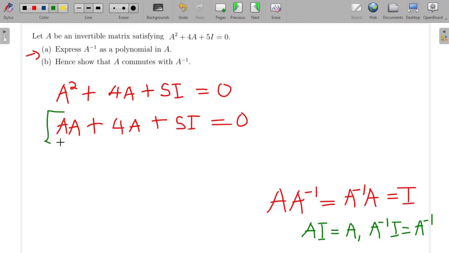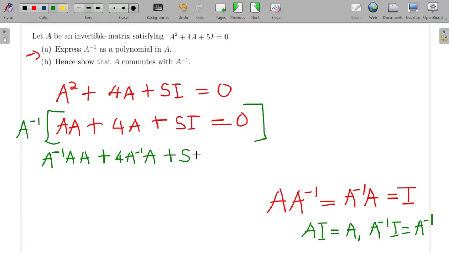So what I'm going to do is multiply throughout by A inverse. I'll have A inverse A, and then A again, plus 4 A inverse and then A, plus 5 A inverse and then I, because these are constants, so I can put the A inverse in front of the A.